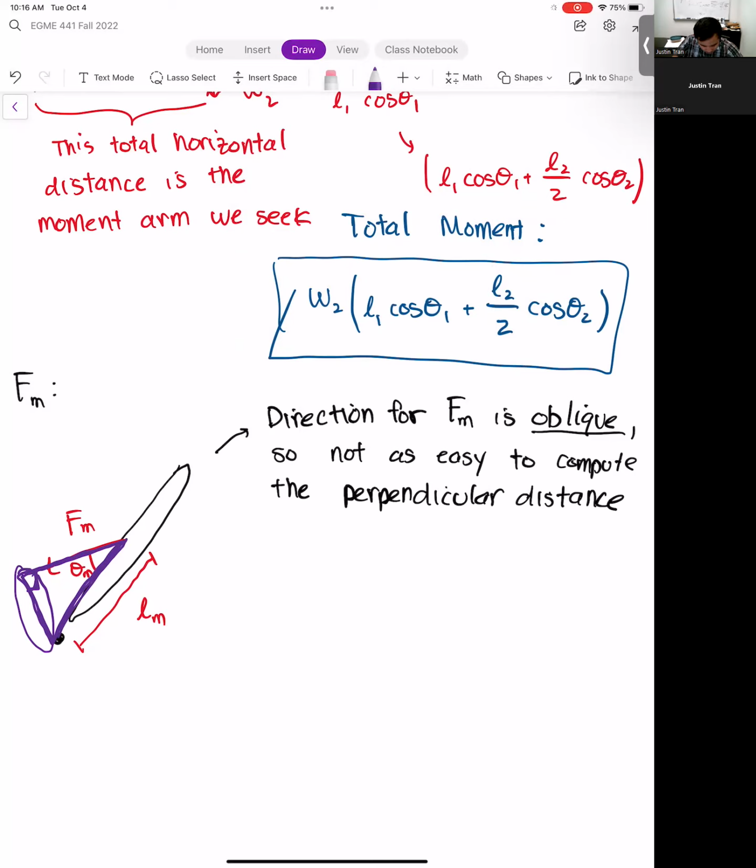Which you can do, it's actually not that difficult. It's just a different way of looking at it. We know the hypotenuse of this triangle is Lm, and the angle of that triangle is theta m. The length that we want is the opposite side, which is Lm sine of theta m.